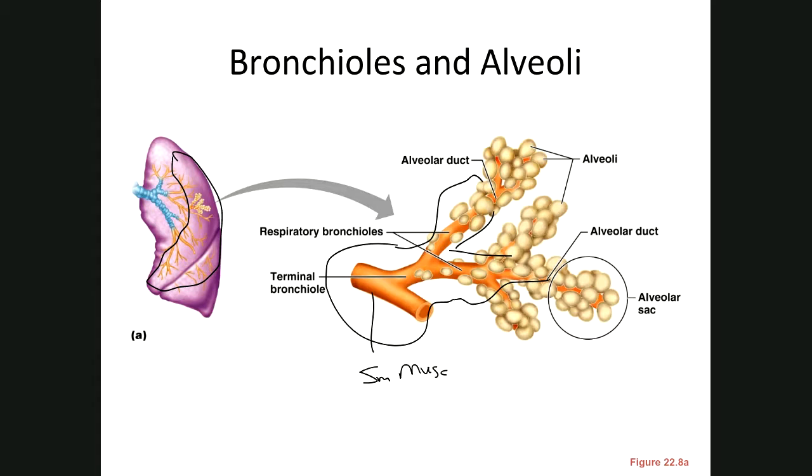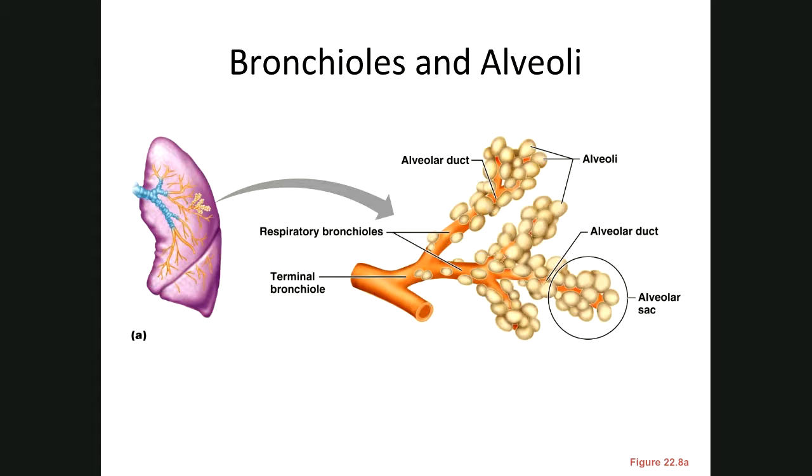The bronchioles continue to divide and get smaller and smaller. But there's no gas exchange until we get right here. After that, there is gas exchange.